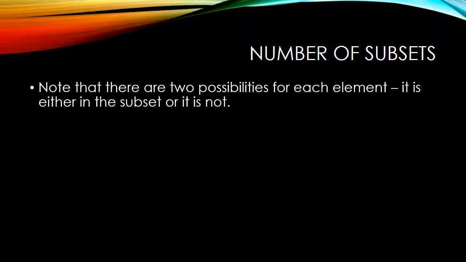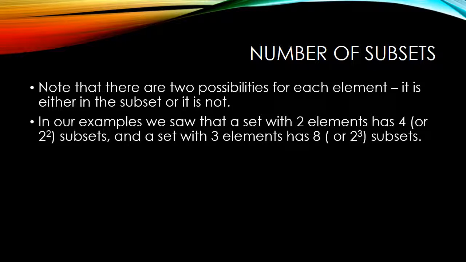As we're doing this, I pointed out that there are 2 possibilities for each element. It's either in the subset or it's not. When we had a set with 2 elements, there were 4 subsets, and notice that 2 to the second is 4. In our set with 3 elements, we had 8 subsets, which is 2 to the third.